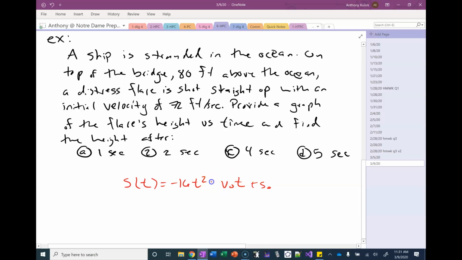Okay, so I want to graph a height versus time. So I need to fill in values for v naught and for s naught. What value are we going to put in for v naught? 72. And for s naught? 80. Okay.